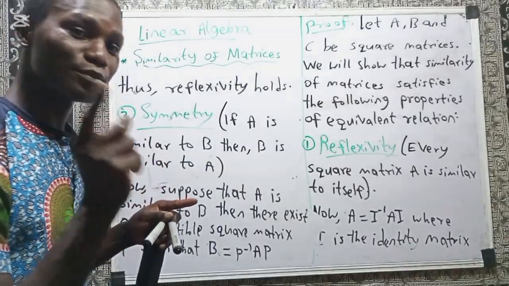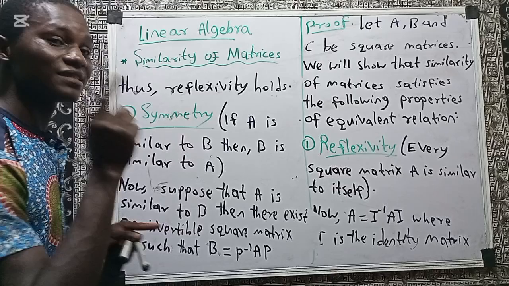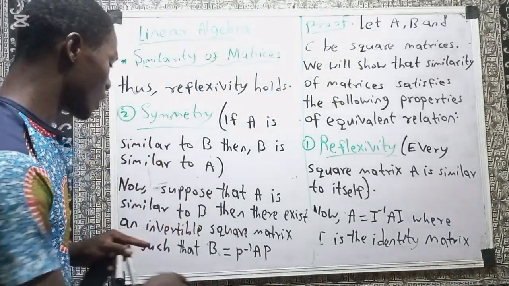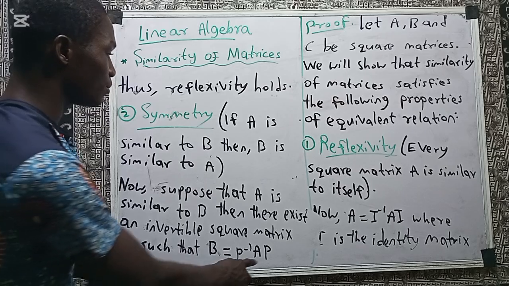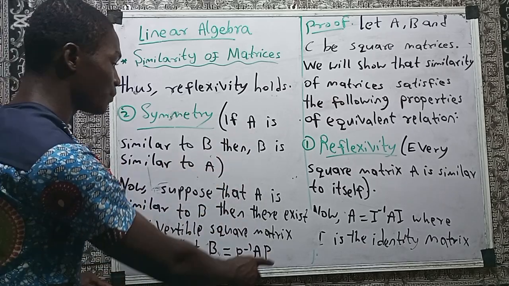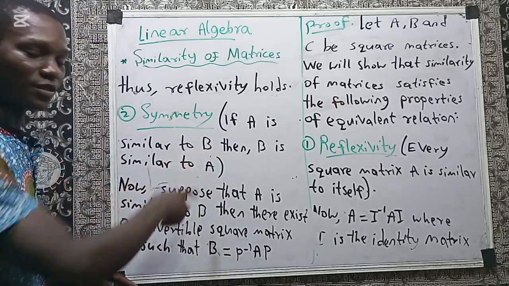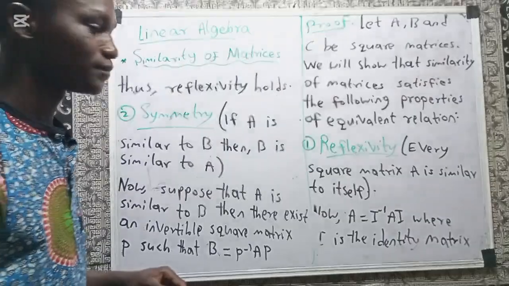Now this simply means that there exists an invertible square matrix P such that the inverse of P multiplied by matrix A multiplied by P will give you your matrix B. Right?